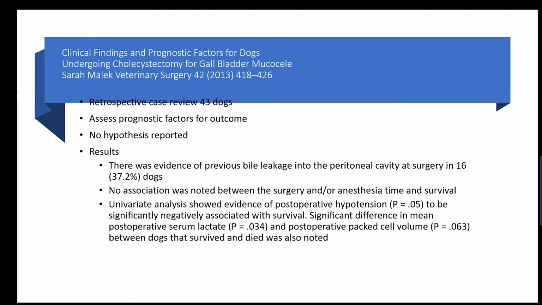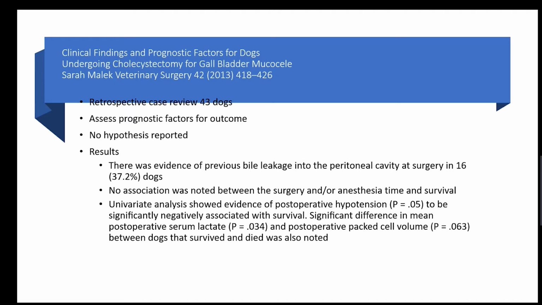So again, the first few articles are general reviews on the overall retrospective findings of dogs that undergo cholecystectomy for gallbladder mucocele. So the first study we'll go through is a 2013 Vet Surgery article that's a retrospective review of 43 dogs.